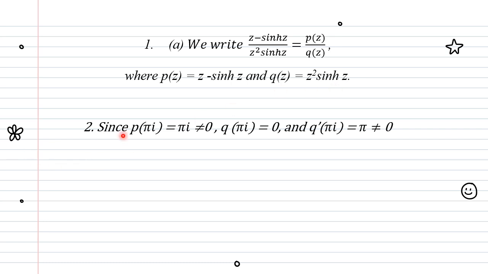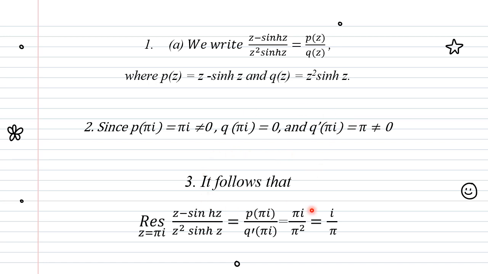Then the next step is that since P of pi I is equal to pi I, which is different from 0, and since Q of pi I is equal to 0, and finally the derivative of Q at pi I is equal to pi, which is also different from 0, then we can basically just substitute and see that the residue of this following function evaluated at Z equals pi I is going to be equal to I over pi.